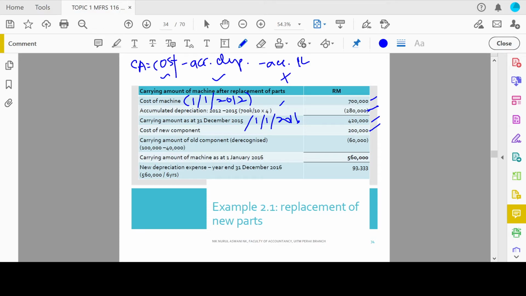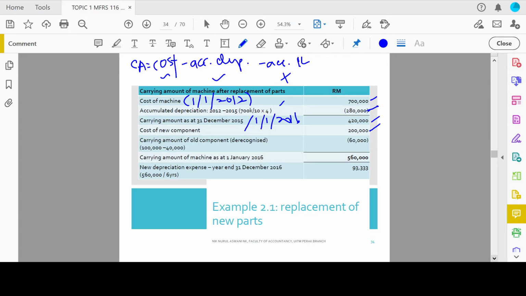We assume that by replacing components of the machine, the machine could produce more products for the company. So by this assumption, the replacement of the new component meets the enhancement criteria, hence meets the first recognition criteria, which is that it is probable that future economic benefit will flow to the entity.